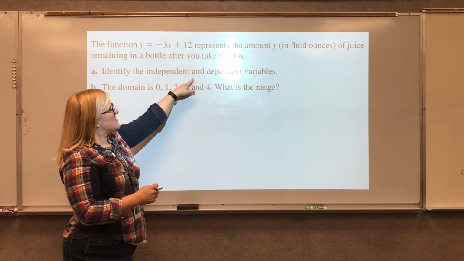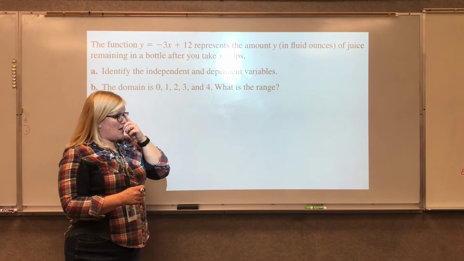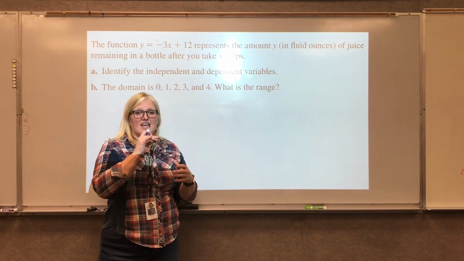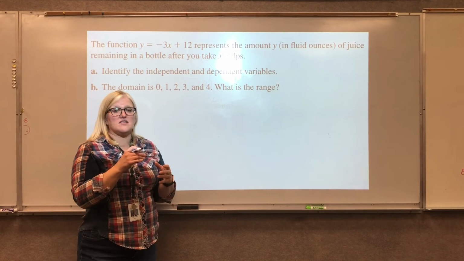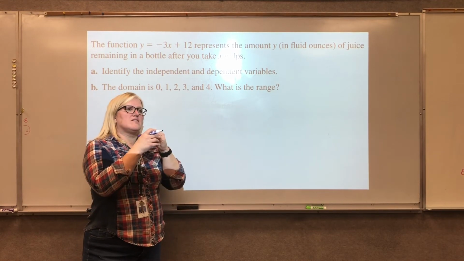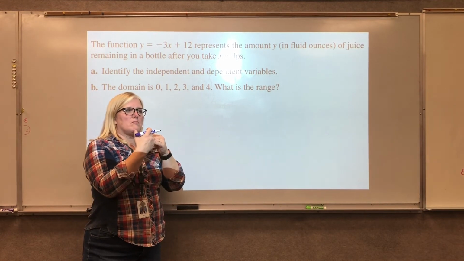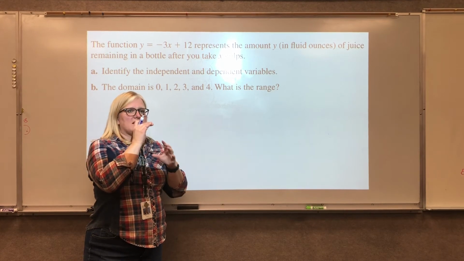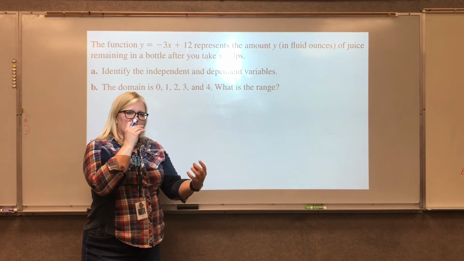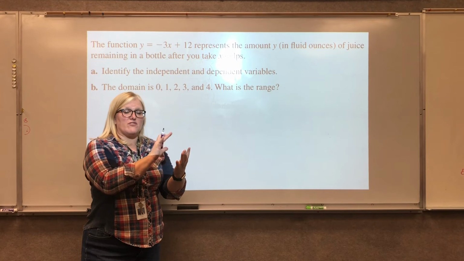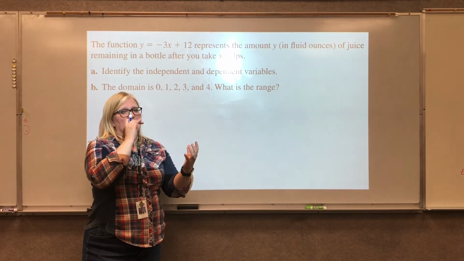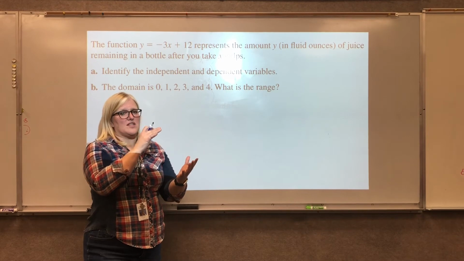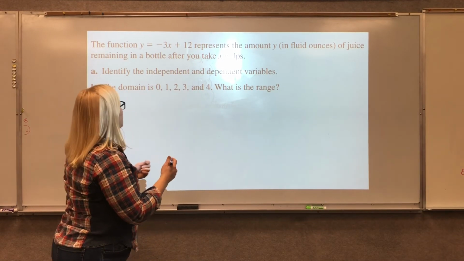Identify the independent and dependent variables. So I can take as many gulps as I want, but how many gulps I take is what is making the amount of fluid go down. And so what I do is affecting that amount of fluid. So one's independent and one is dependent.